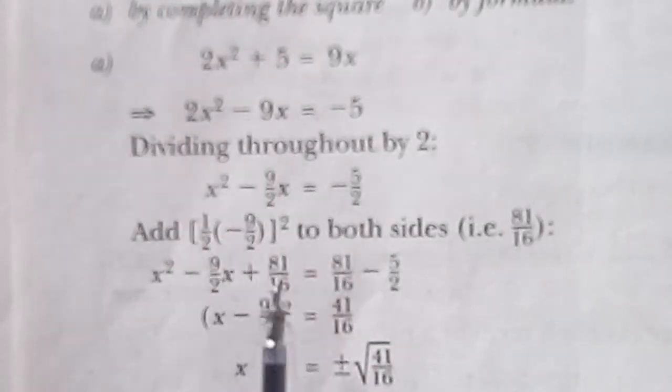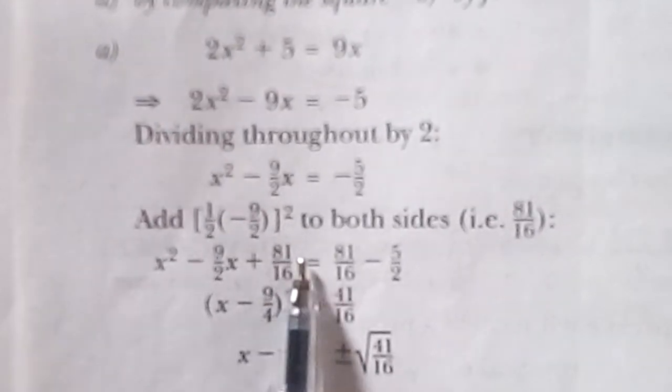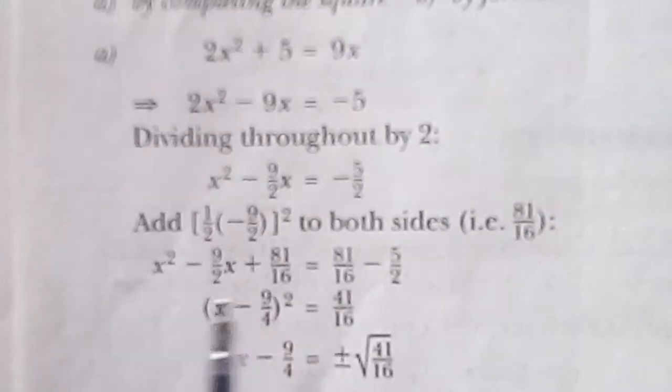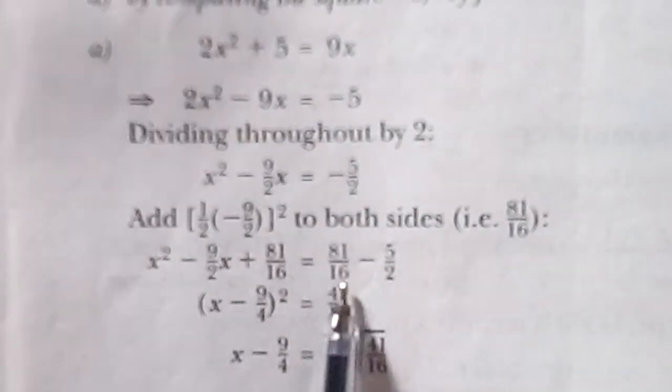The square root of 81 is 9 and the square root of 16 is 4, to give us 9 over 4. So we put x minus 9 over 4 all squared on the left, and the calculation on the right, 81 over 16 minus 5 over 2, gives us 41 over 16.